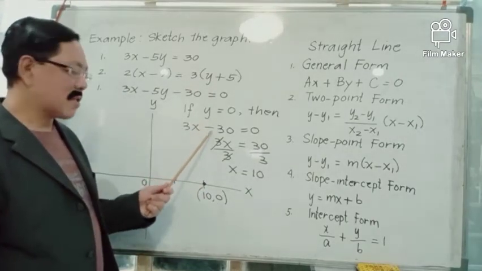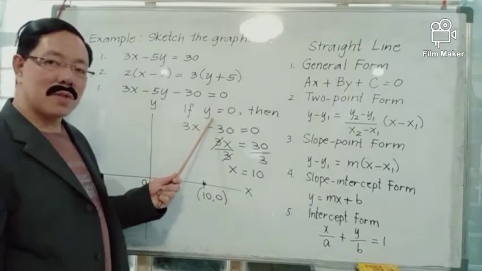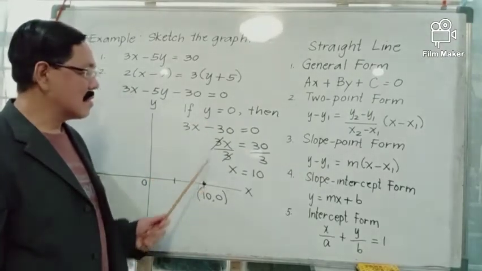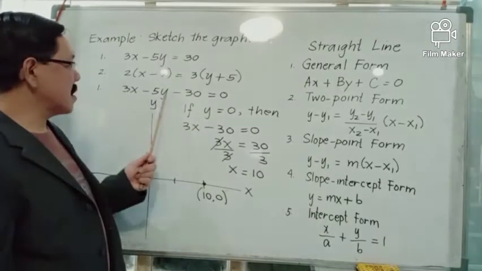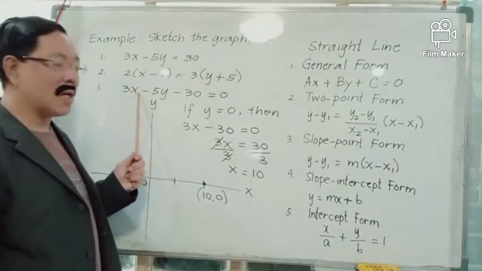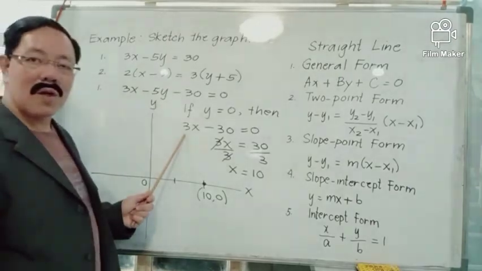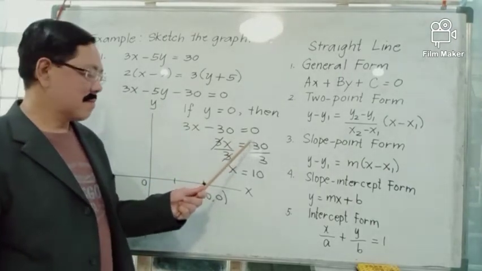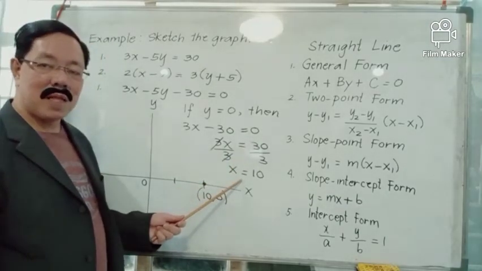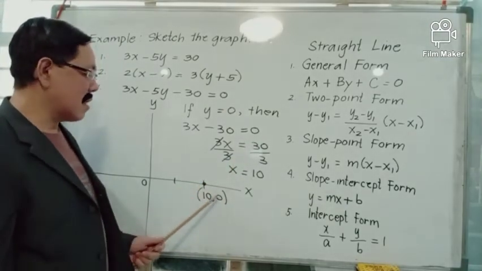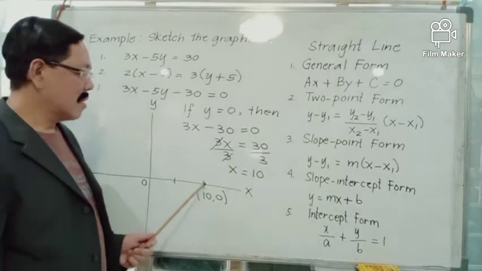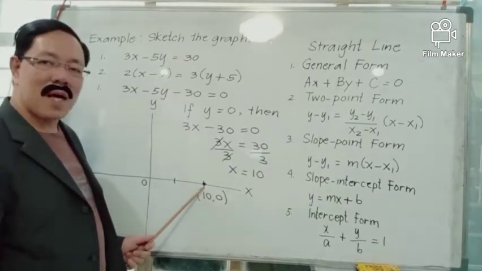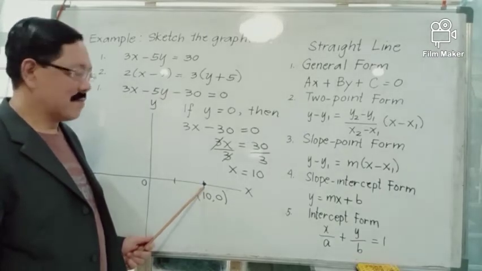Again, to find the x-intercept, the intersection of the line and the x-axis, you set y to 0 in the given equation of the line, and then you solve for x from the resulting equation in x. And then you locate that value of x on the x-axis, or horizontal axis. The line will pass through that point, which is called the x-intercept of the line.